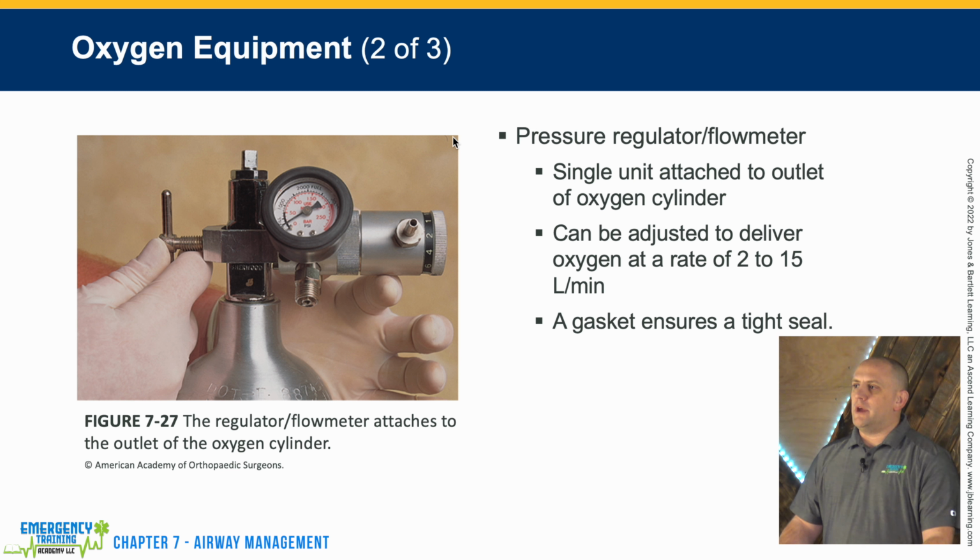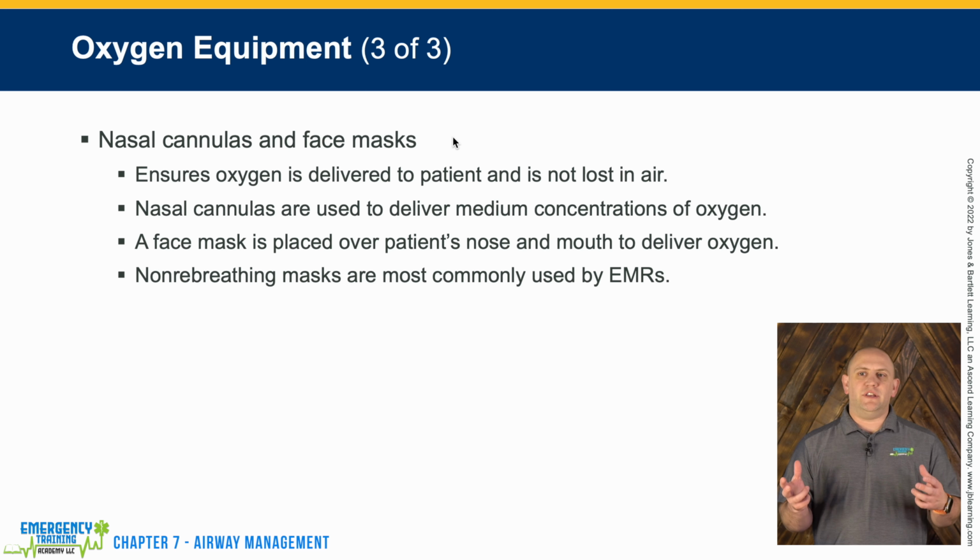There is a gasket inside that flow meter to make sure that it's sealed, and you want to make sure that it has a tight seal. Sometimes those gaskets can get tightened too tight, to the point where they no longer create a seal.